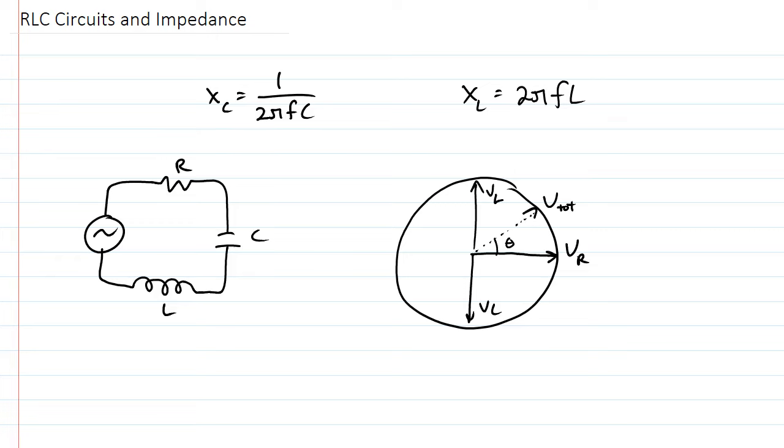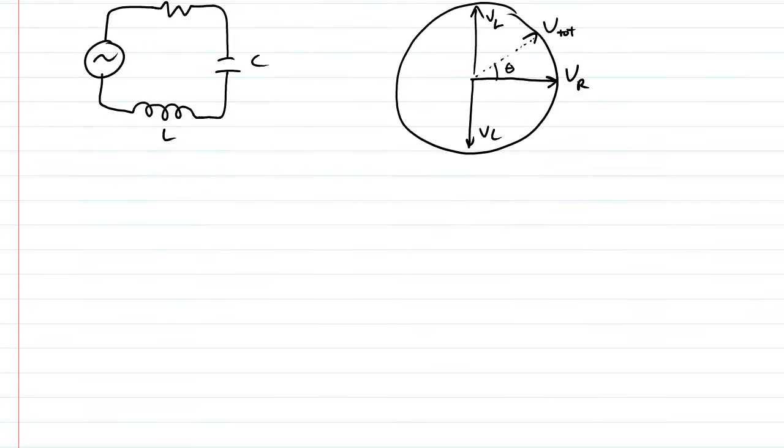Alright, so what we have to do is figure out, using these vectors, what V total is. Sorry, this is a C here. If that doesn't look like a C, that's a C right there. We need to find the magnitude of this total vector, so we have to combine VR, VL, and VC. One trick here is that if you add two vectors going in opposite directions like this, they're basically going to cancel each other out.